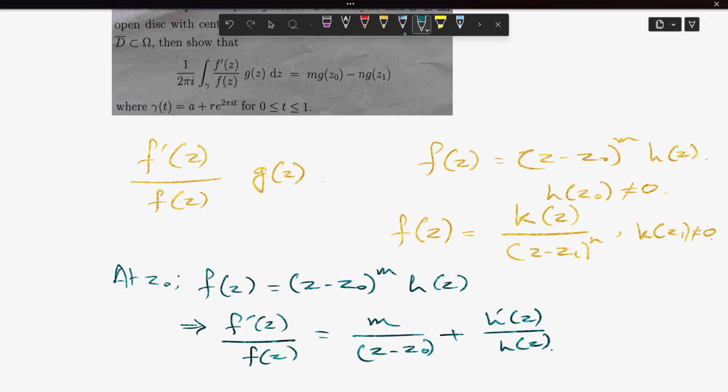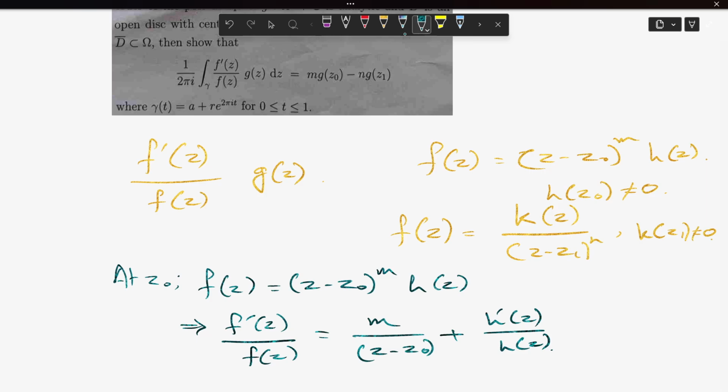Can you see how we got that? Because f dash z will be found using the derivative of a product u into v. So we get m into z minus z0 to the power m minus 1, and h z is there, so h z cancels out, giving m by z minus z0.